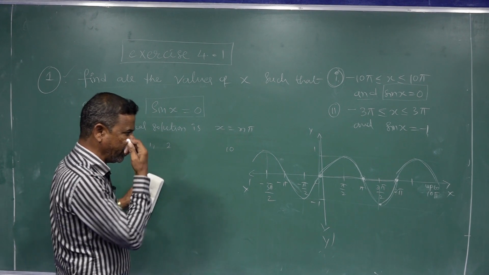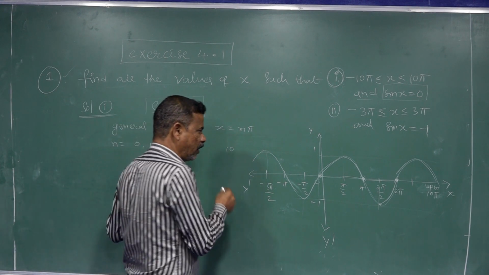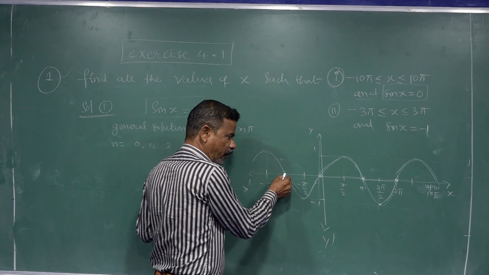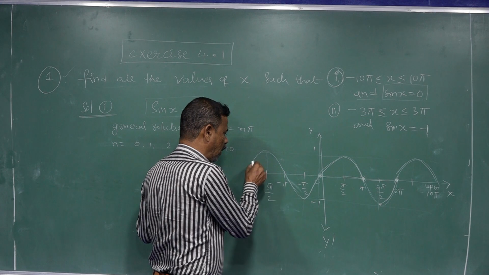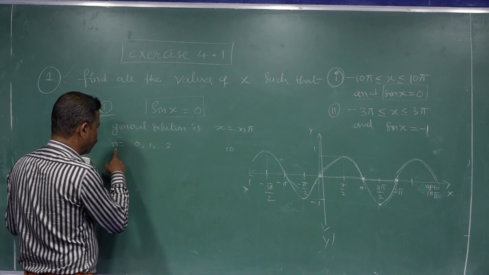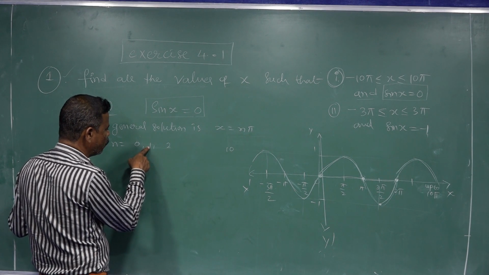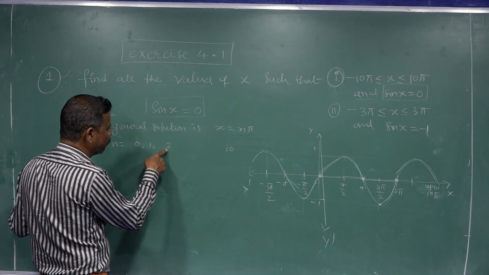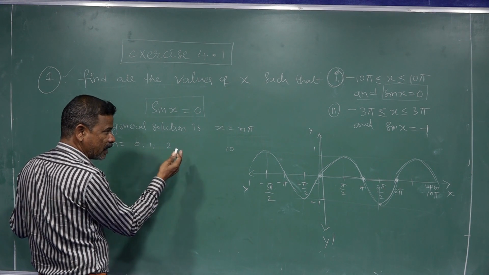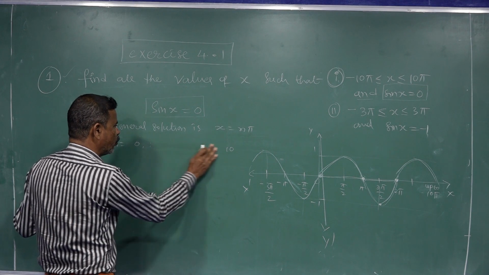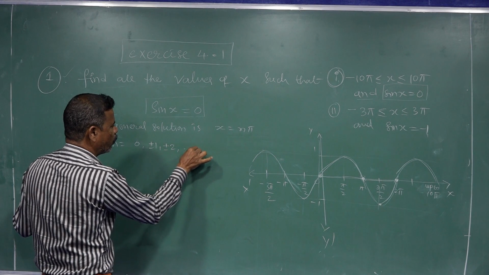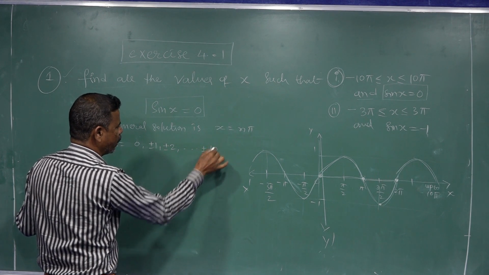Next, check the negative side. Here 0, minus π, 0, minus 2π, minus 360, also 0. So n is equal to 0, plus 1π, 2π, 3π, 4π, up to 10π, and the negative side also up to minus 10π. So the existing values for n are plus or minus 1, plus or minus 2, up to plus or minus 10.